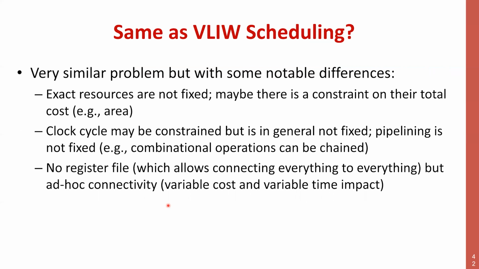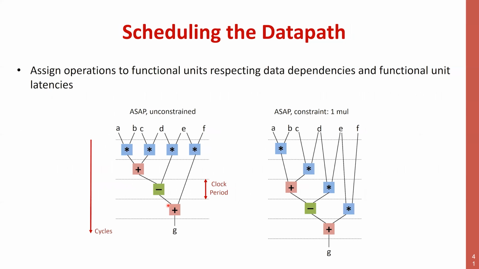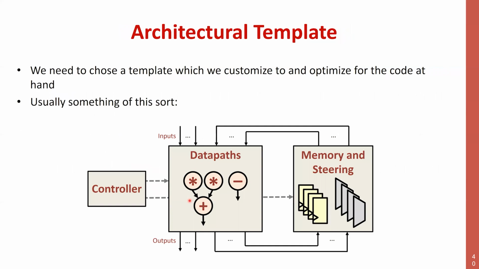There is no register file in here. There is something simpler that is essentially a subset of the register file with ad hoc connectivity. If I go back to this slide, imagine this as a register file. Essentially, what is a register file is 32 maybe, or whatever is the number of registers, in parallel with one multiplexer per port that selects any one of the registers.